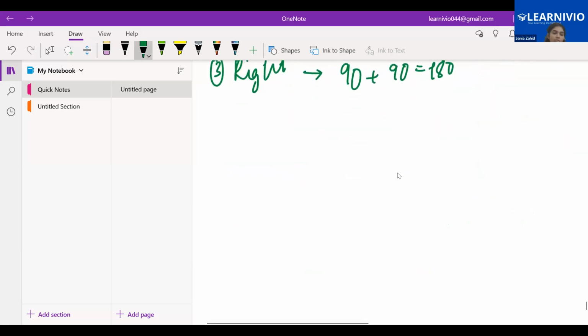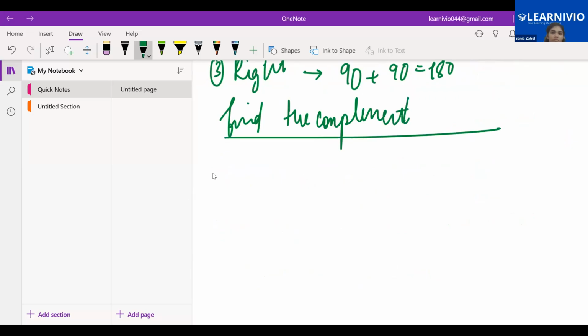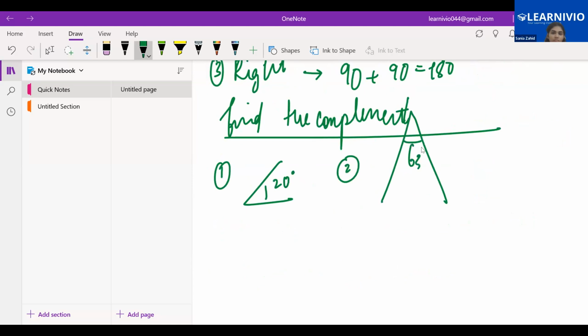Next, you have to find the complement of the following. Find the complements.